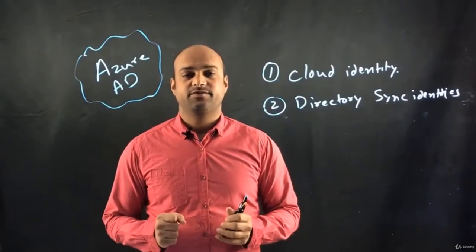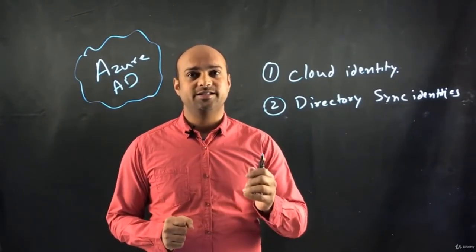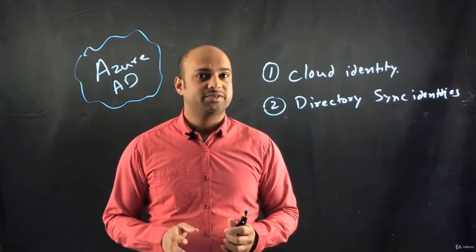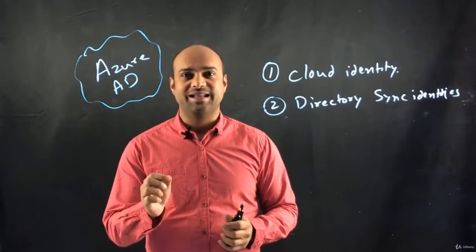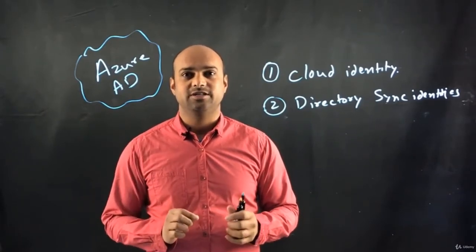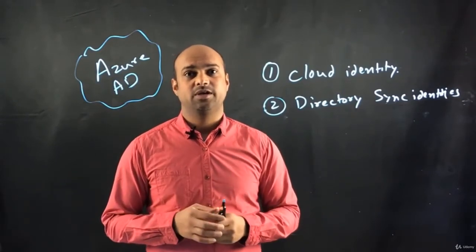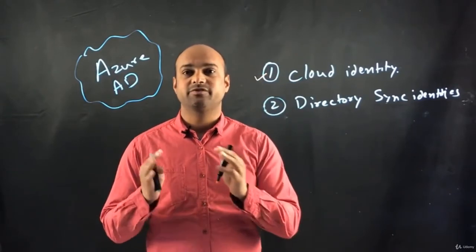In Azure Active Directory, we can have three kinds of user accounts. One is an identity that is created directly on the Azure portal. In the previous lessons, in the lab activities, we created a user account called Alex at rainingcloud.de, right? So such accounts are cloud native user accounts, and they are also called cloud identities. They are native to the cloud.